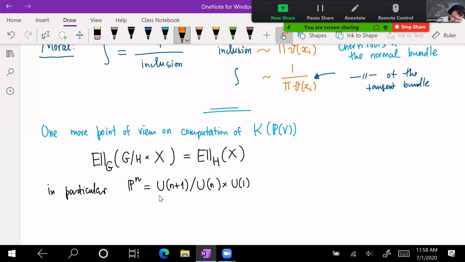So we can call this group G and call this group H. Right? Everybody agrees with that?